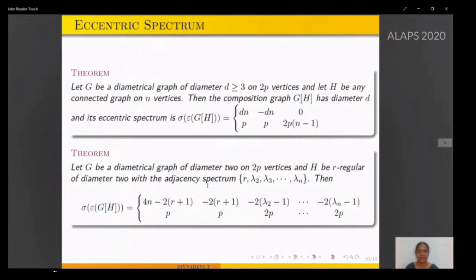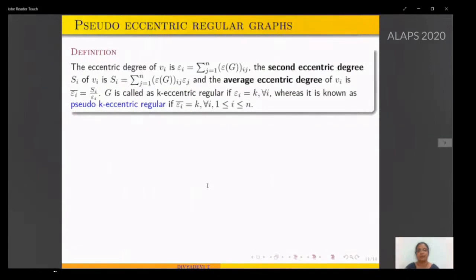Now we can go for the bounds. For studying bounds, we need the notion of pseudo-eccentric regular graphs. The ith row sum of the eccentricity matrix is known as the eccentric degree of the vertex Vi. If the eccentric degree is a constant sequence K, then we call the graph G an eccentric K-regular graph.